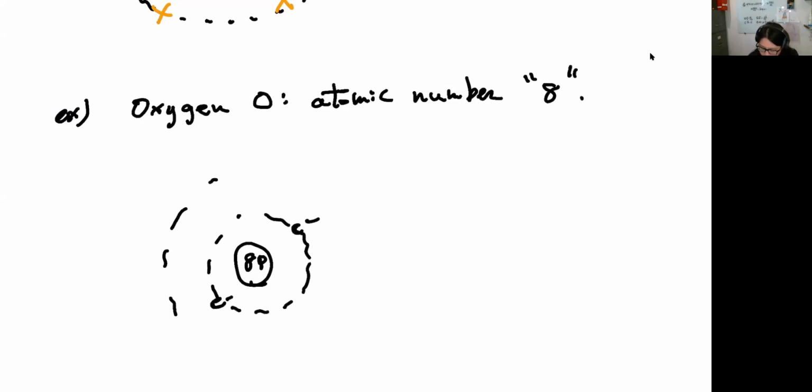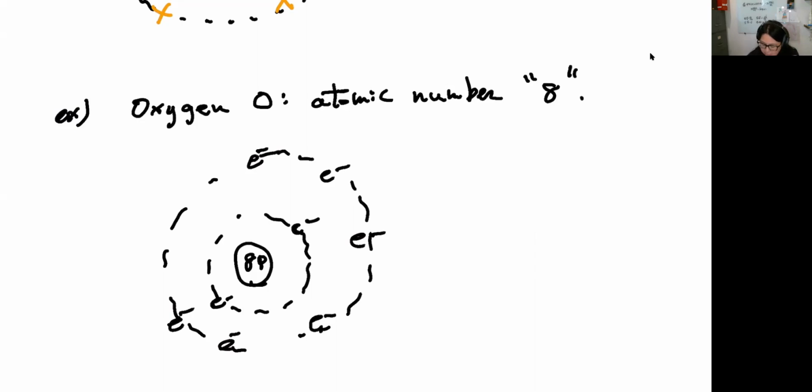And in the second shell, there are 8 spots available, but there are only 6, 2, 3, 4, 5, 6. So total 8 electrons, right? However, there are 2 more seats available.